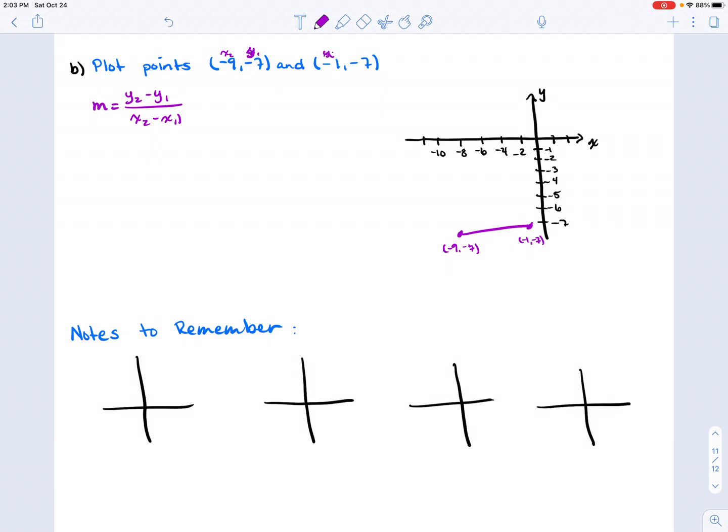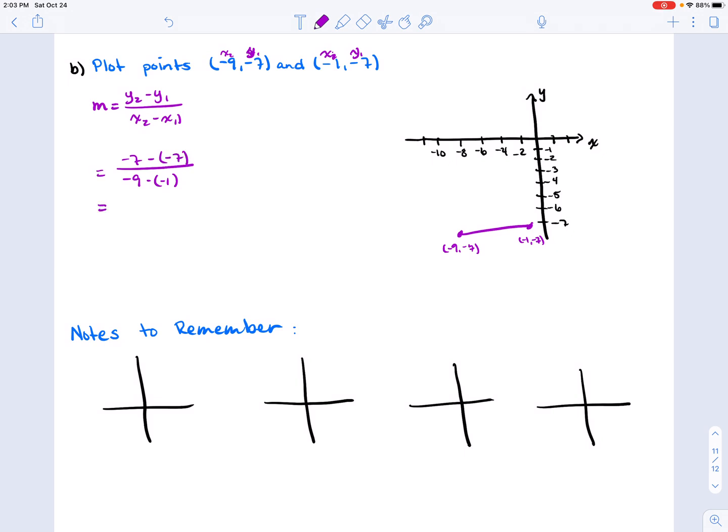I do this quite often because I go fast in my head. x1 and y1. So I have minus 9 minus 1, and then I have, whoops, and again, see what I did? I put my x's there, so my denominator is minus 9 minus 1. And then, of course, I have minus 7 minus 7.